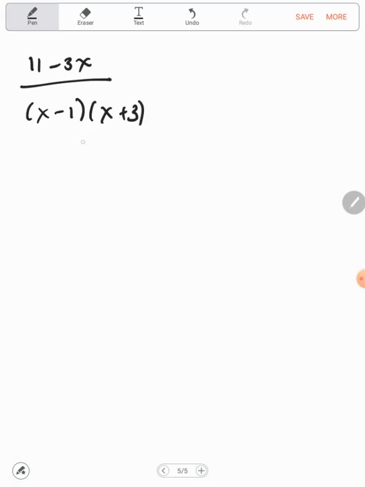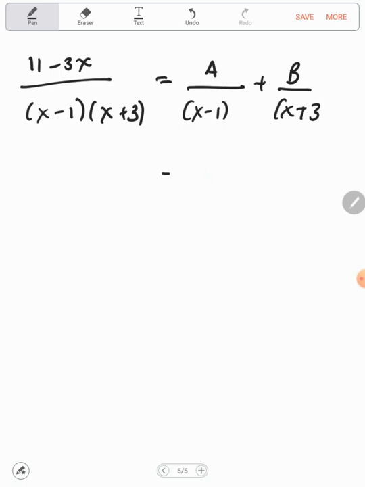Okay, so as you can see from our denominator, the highest power of x is 1. That is why we call them linear factors. So when we have such factors, we can say this should give us A over x minus 1 plus B over x plus 3.